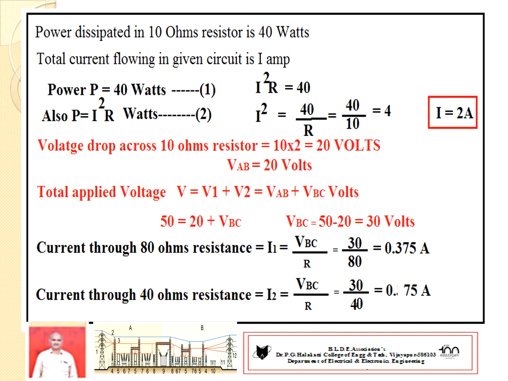This voltage remains again the same across the parallel connected resistances. So current through 80 ohms resistance equal to I1. I1 equal to VBC by R, 0.37 ampere. Similarly, you can go for current through the 40 ohms resistance. Voltage remains same, R changes, 0.7 ampere.